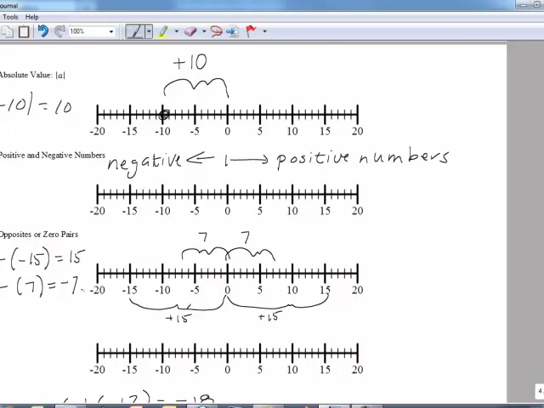So the opposite of 7 is negative 7, and we can see that negative 15 plus 15 equals 0. Those are zero pairs. Negative 7 plus 7 is 0. There is another zero pair.